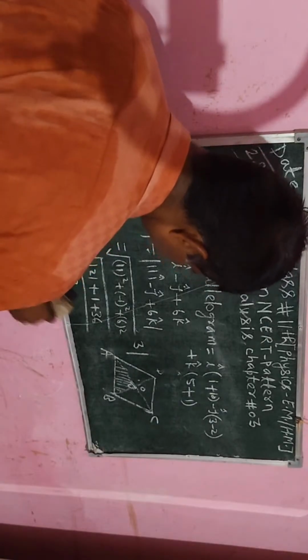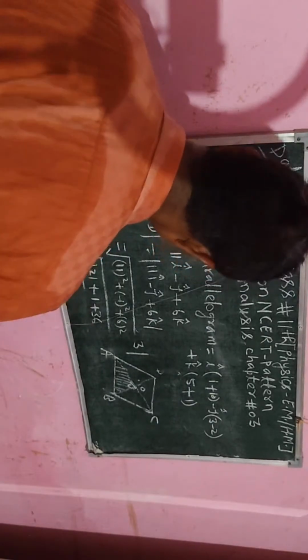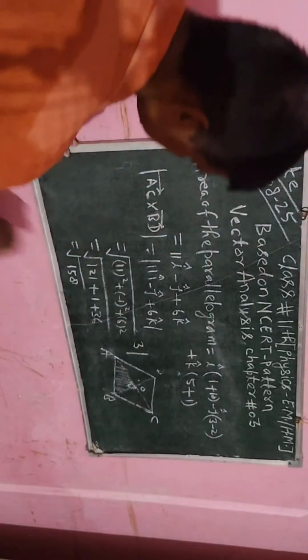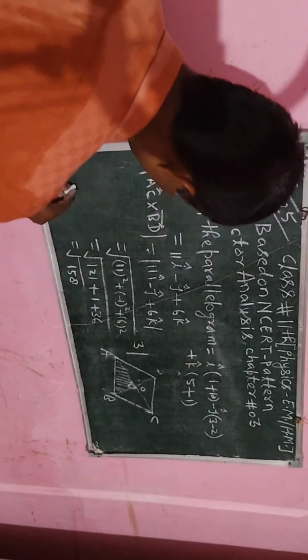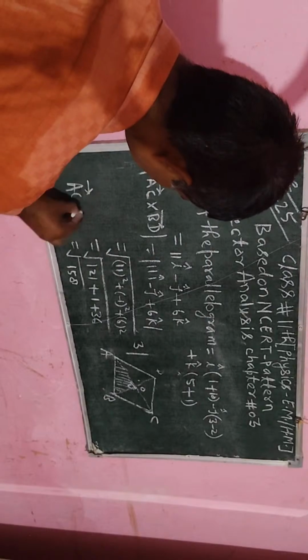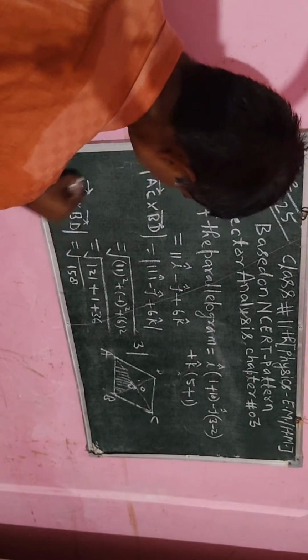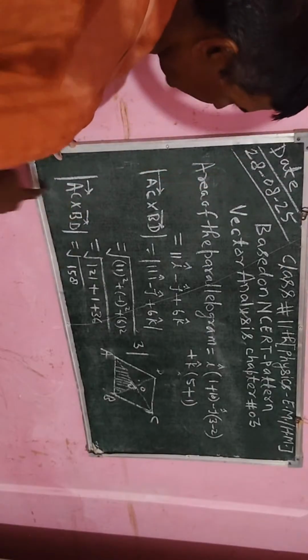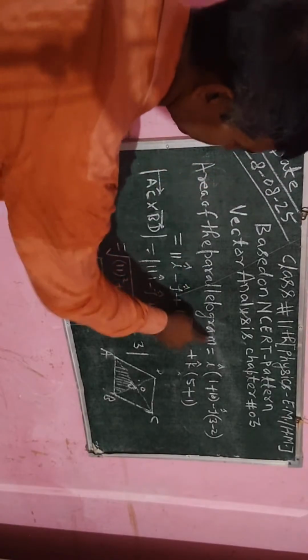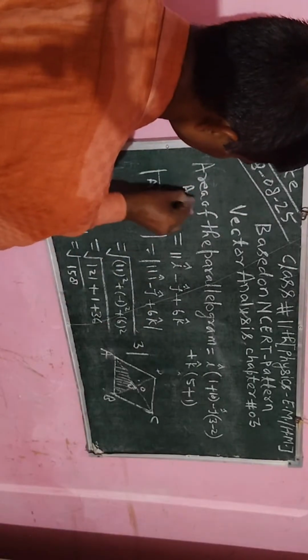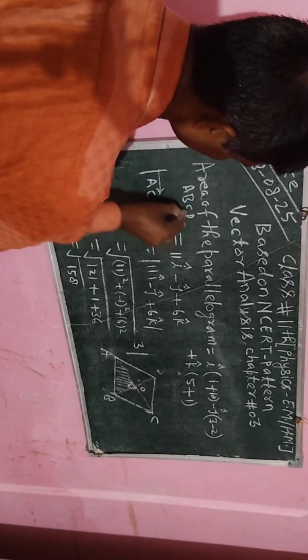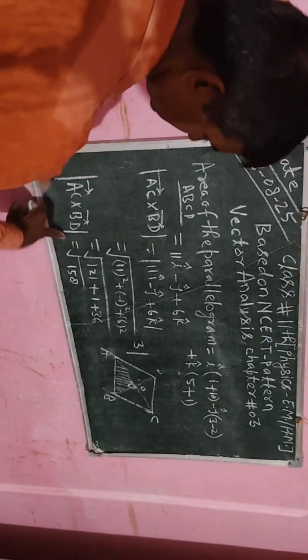So I have got its value. Okay, so this is the value of AC cross BD I have got. This is the magnitude, and the area of the parallelogram ABCD, I have got its value, that is this much.